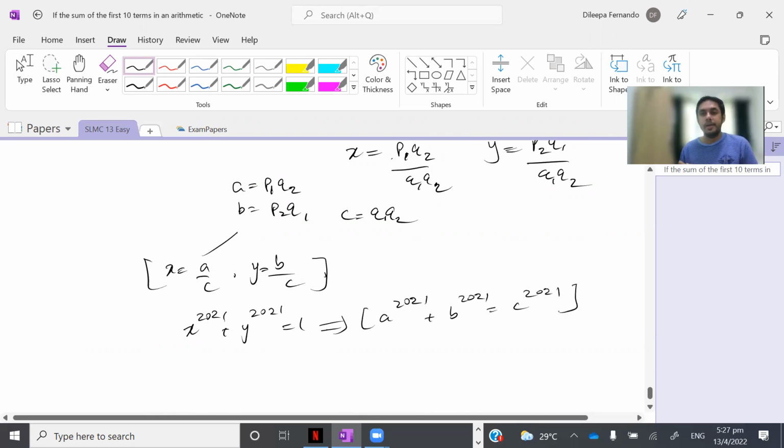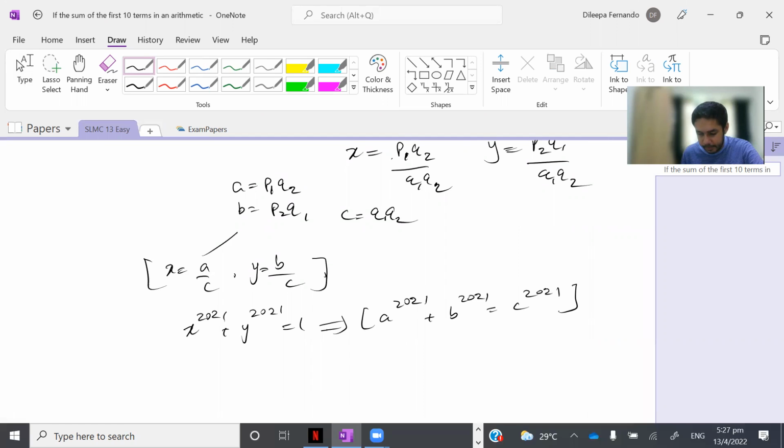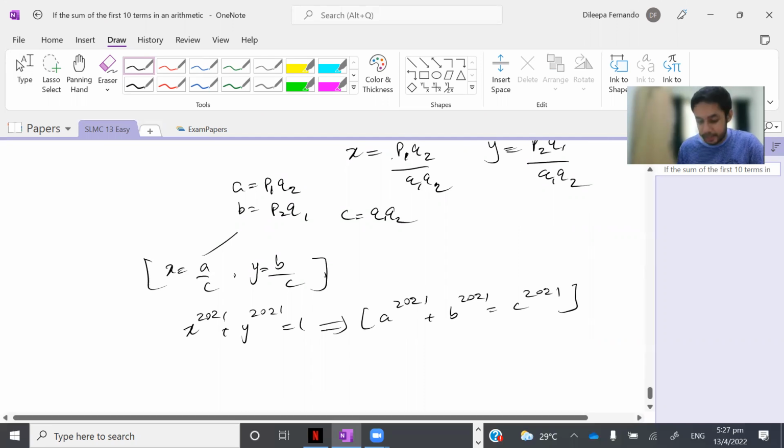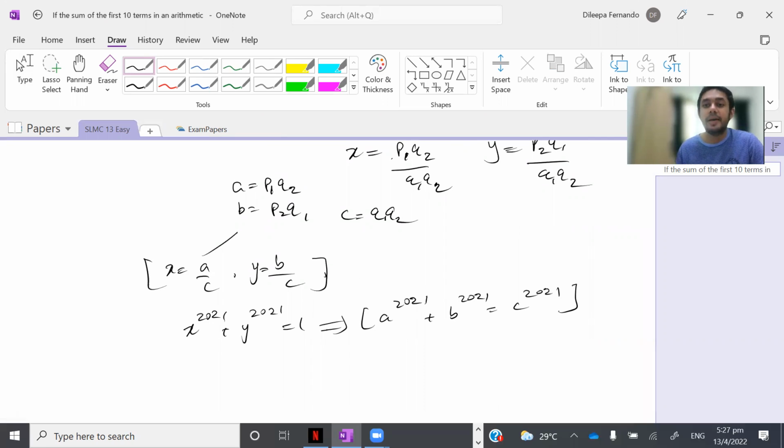We know that when a, b, c are positive integers, there are no solutions. That means if there is any solution, at least one of them should be non-positive, that means zero or negative.